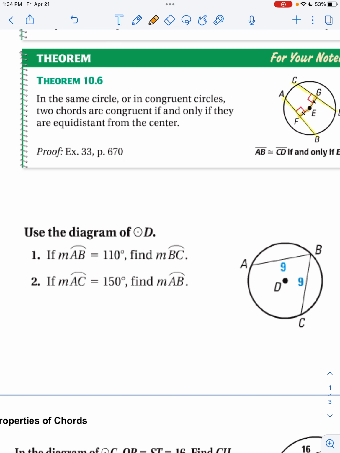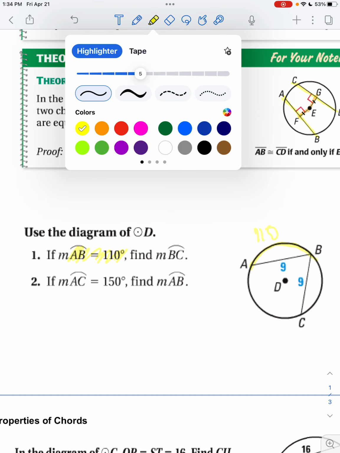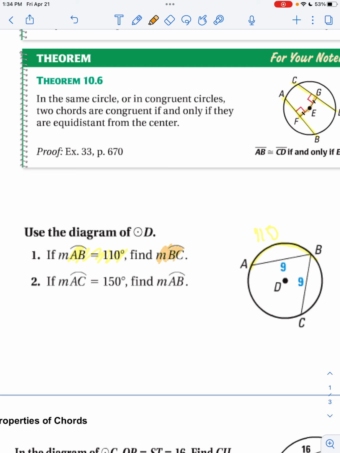Use the diagram of circle D to find, if the measure of arc AB equals 110 degrees, the measure of arc BC. So I'm going to highlight AB. AB is 110, that's right here. And then we are looking for BC, which we'll make orange, over here.